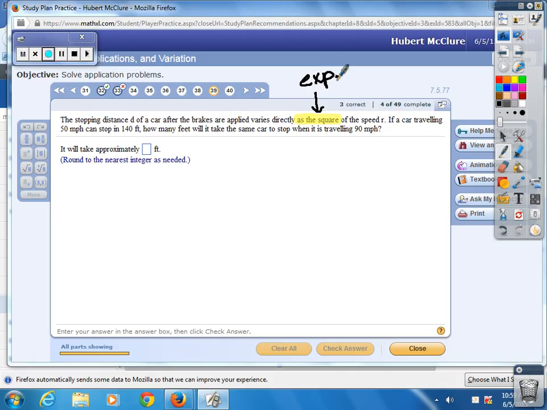Square root. Do not think of square root. I do not give you any problems on the test in this unit that has a square root symbol. Not that I know of. Unless there's a formula that has it. That doesn't count because it's just plug and chug. There should not be any radicals in your test questions or homework. So, whenever you see as the square, think exponent. So first of all, let's write our y is equal to k times x.